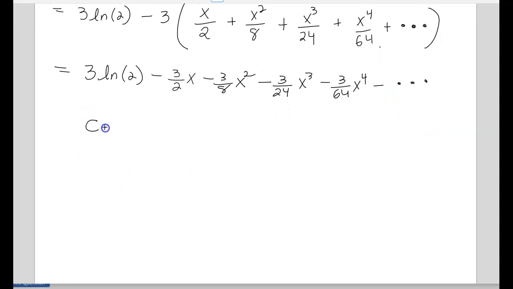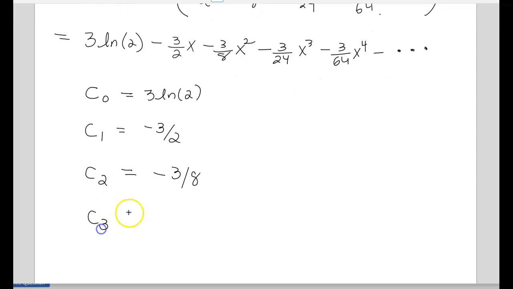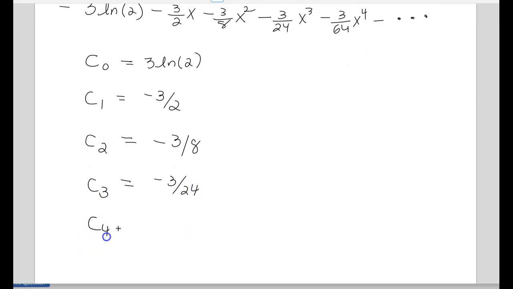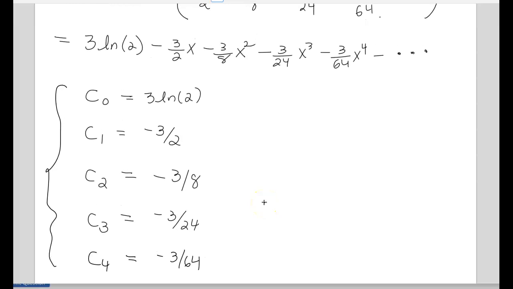So you can see c0 is the first term, 3 ln of 2. c1 is what's in front of the first degree term, that's negative 3/2. c2 is what's in front of the second degree term, which is negative 3/8. c3 is negative 3/24. And c4 is equal to negative 3/64. So we have the first four coefficients as requested in the problem.